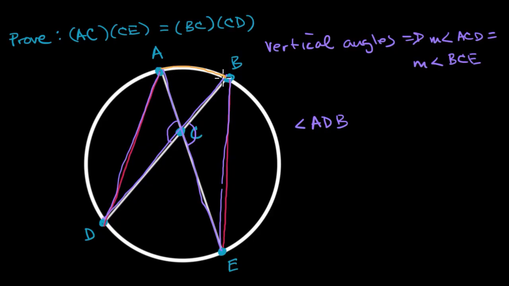And if we have angles that are inscribed on a circle, and I think this is pretty cool, that intersect the same arc, then those angles are going to be congruent.